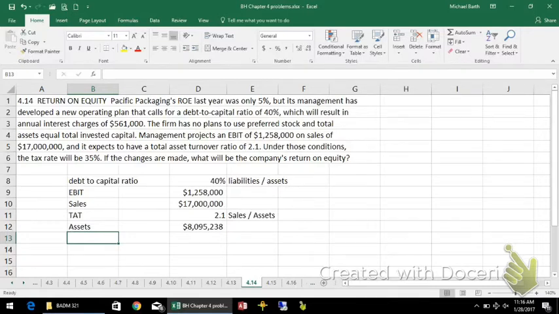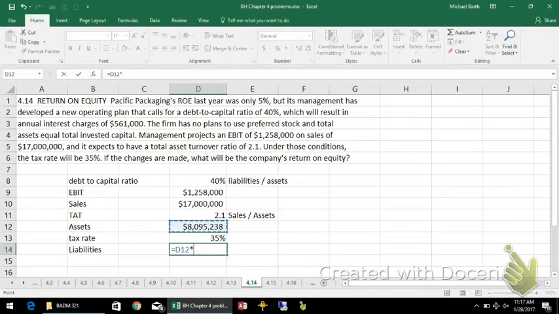All right, I got a tax rate of 35%. And from here, I can look up here in my debt to capital ratio. Liabilities are 40% of assets, so the liabilities, or the interest-bearing debt in this case, is total assets times 0.4.